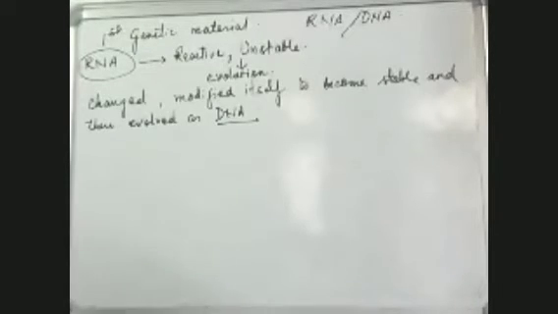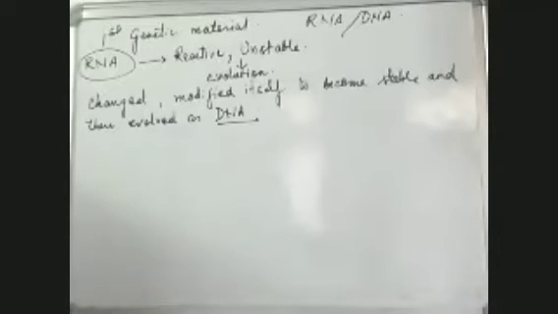So it tried to be stable, and for that it changed itself. It was reactive, so it modified itself to become stable, and in the direction of becoming stable, it evolved and got converted into DNA. So DNA evolved from RNA.